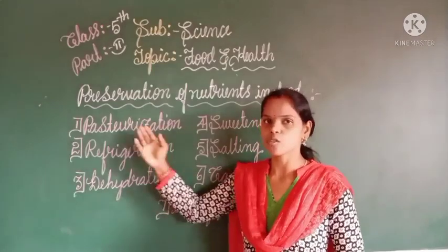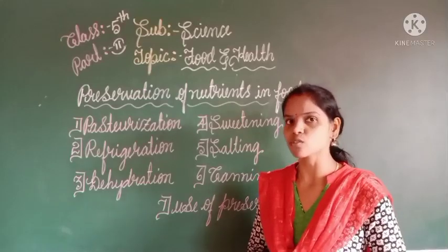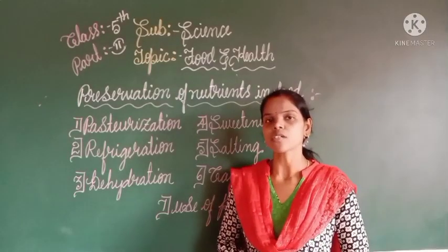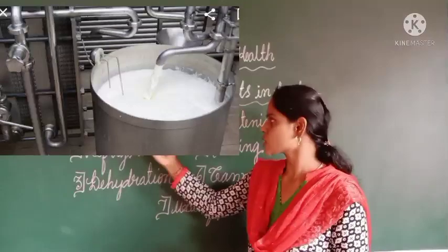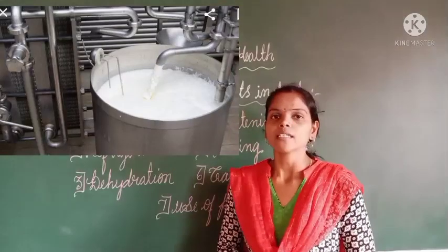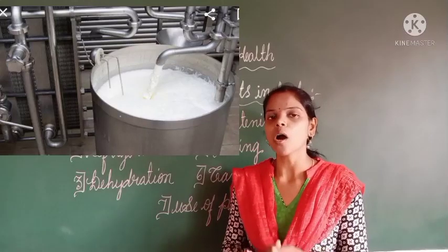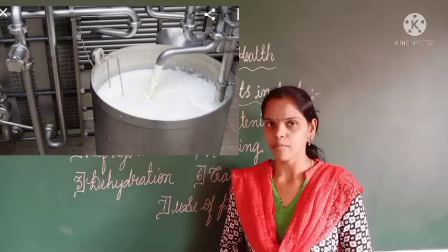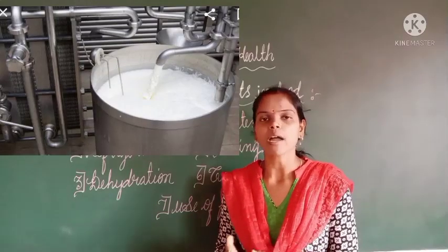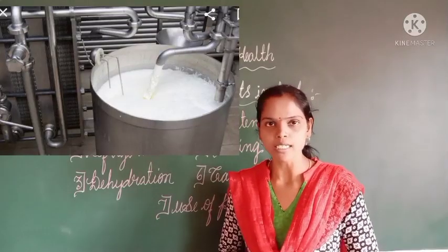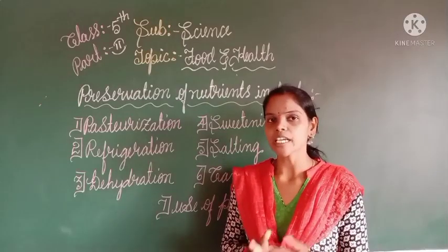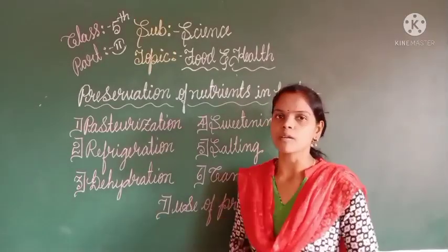First one is pasteurization. Dear students, we can preserve milk by pasteurization. Here we have to heat the milk up to a 60-degree temperature and immediately cool it. Then it can maintain the nutrients in the milk. The next way is refrigeration.